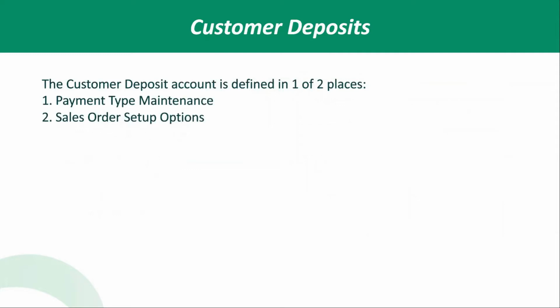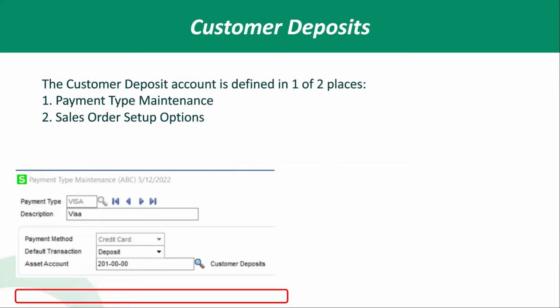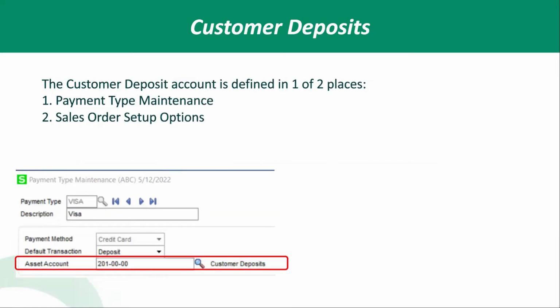So if you've got sales orders and you accept deposits for prepayments from your customers, then you're going to set up a customer deposit account, and it's going to be set in one of two places. In your payment type maintenance, you've got an asset account, and that's what you reference to your customer deposit account in the GL.